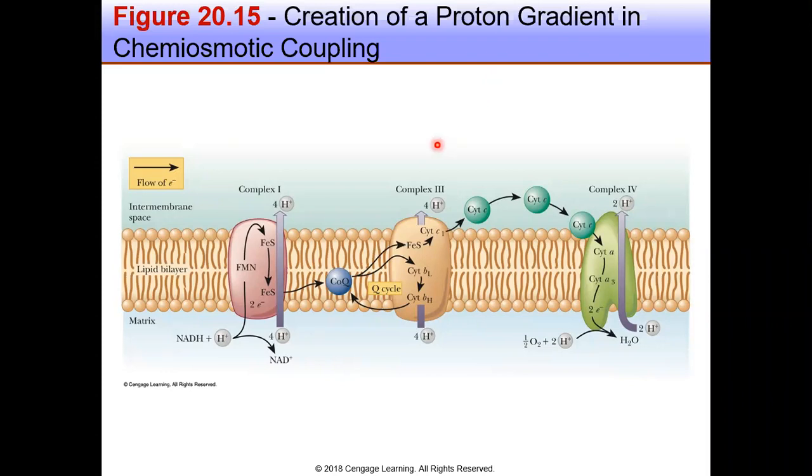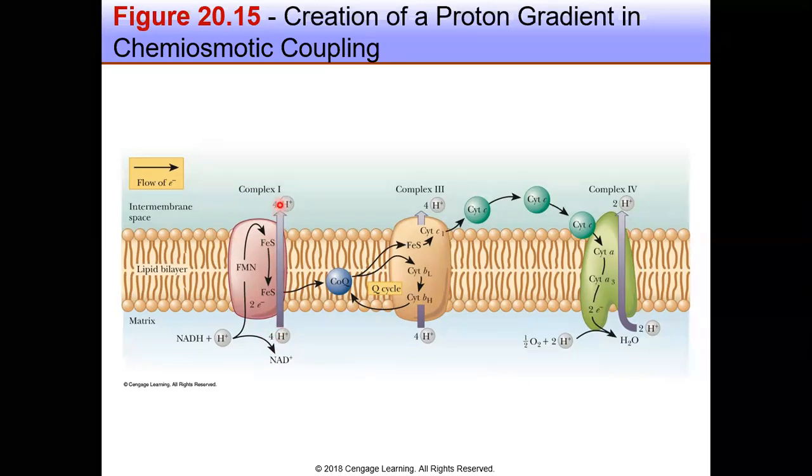In the process of electron transport, the proteins of the respiratory complexes take up protons from the matrix, as you can see here, to transfer them in redox reactions. Now, these electron carriers, namely NADH, FMN, and so on, subsequently release protons into the intermembrane space, as you can see here, when they are reoxidized, creating the proton gradient.